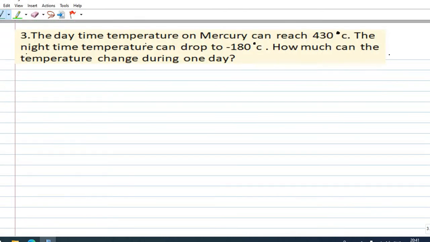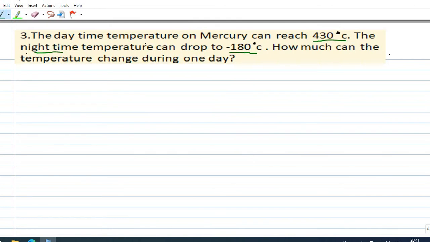The daytime temperature on Mercury. See, listen, children. The daytime temperature on Mercury can reach 430 degrees Celsius. So, in the day they have given that. As well as the nighttime temperature can drop to minus 180 degrees Celsius. See, in the daytime it is positive and in the nighttime it is what? Minus 180 degrees Celsius.